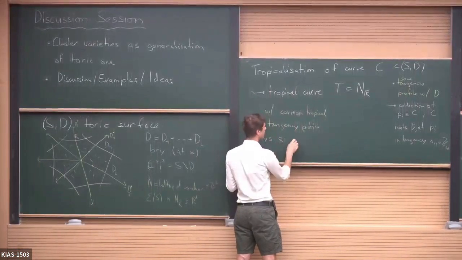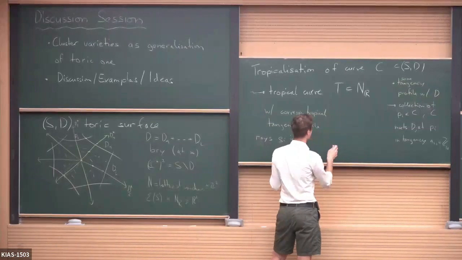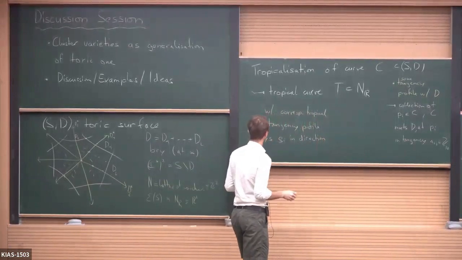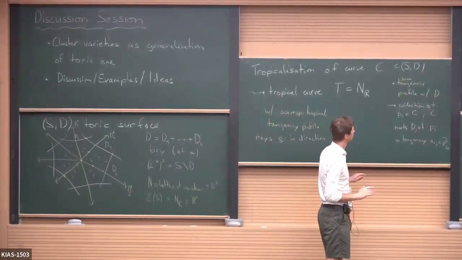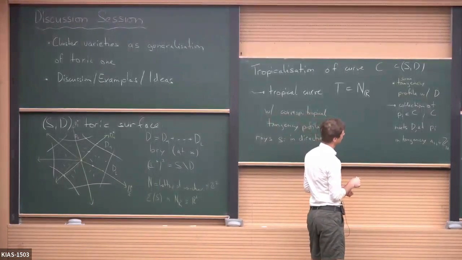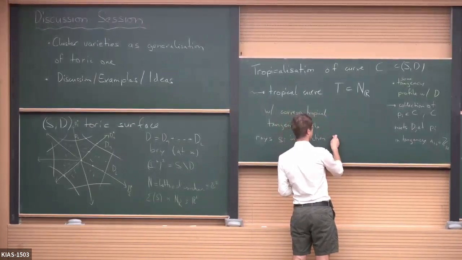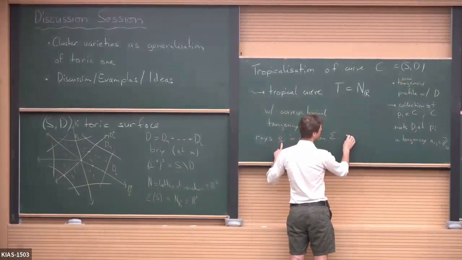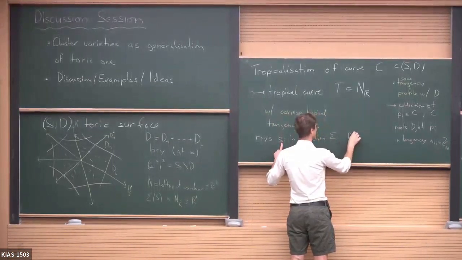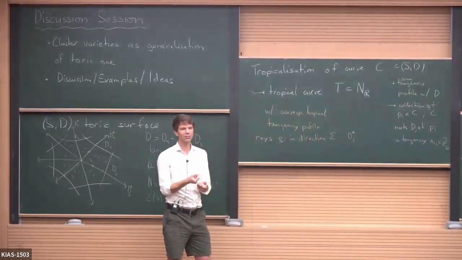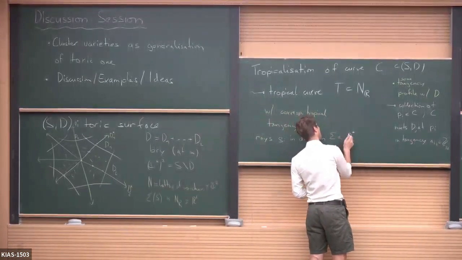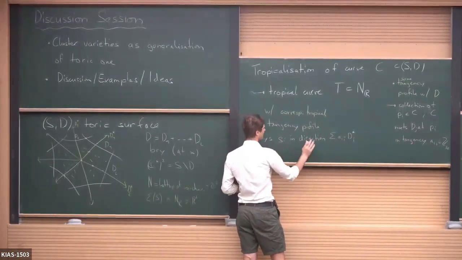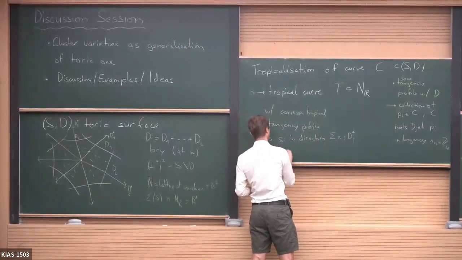Rays, maybe rho i, so the rays go into the direction of Dj dual, sum over the Aij, with correct weights.